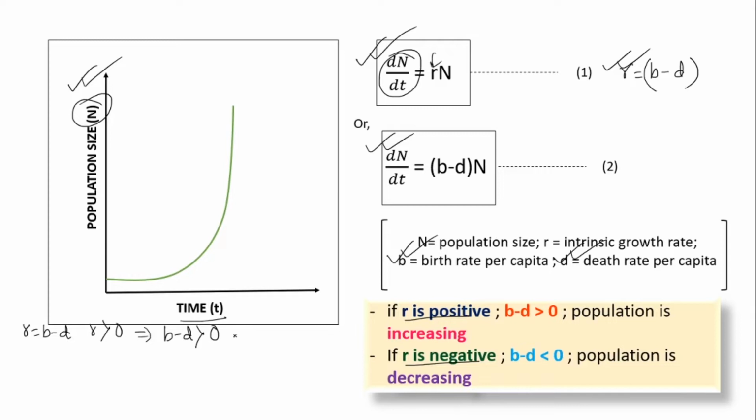And if b minus d, the difference between birth rate and death rate, is greater than 0, that means the birth rate is greater than the death rate. And here the population will show an increasing kind of growth. And if the intrinsic rate of increase is less than 0, that means b minus d is also less than 0, and the birth rate will be less than the death rate. And here the population will show a decreasing kind of growth curve.